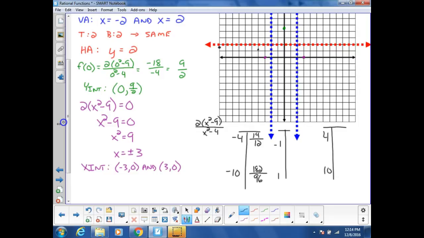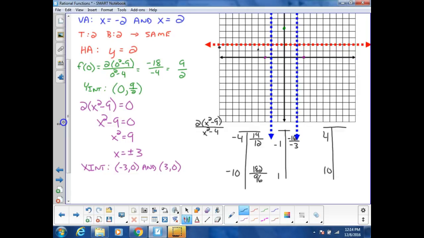Plug in negative 1. Negative 1 squared is 1 minus 9 is negative 8 times 2 is negative 16. Negative 1 squared is 1, minus 4 is negative 3. Negative 16 divided by negative 3 is positive 5 1/3.